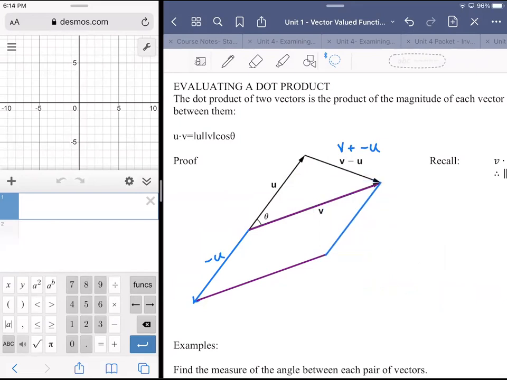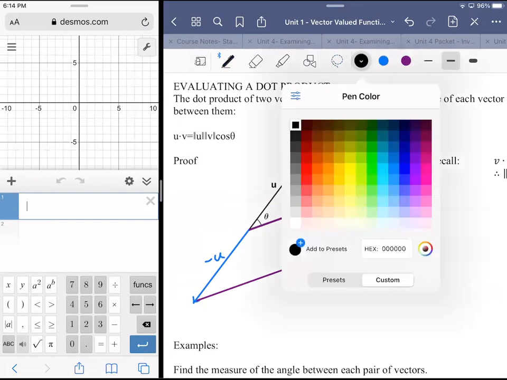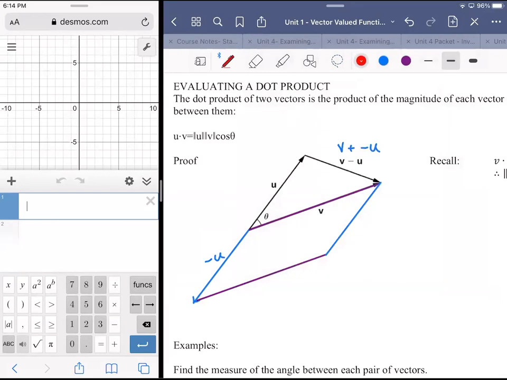Now, if I want to find the sum of negative u and v, or v plus negative u, one way of handling that would be to find the diagonal of this parallelogram, the relevant diagonal, of course, which would be this one right here. So that's v plus negative u, or negative u plus v, either way.